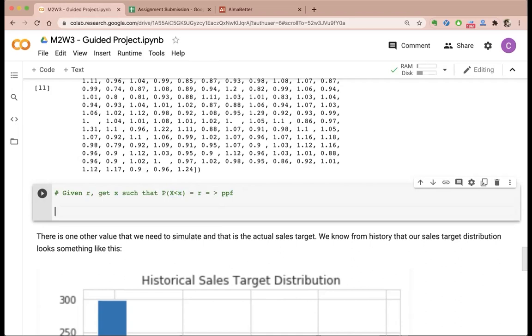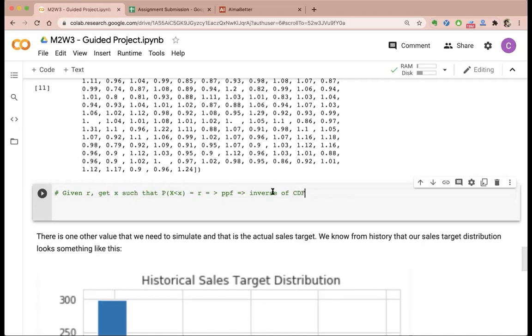So this is nothing but the inverse of CDF. Given the value that you get from a CDF, you can get the actual value of x. This is what it is doing.